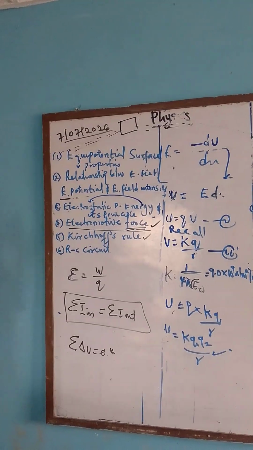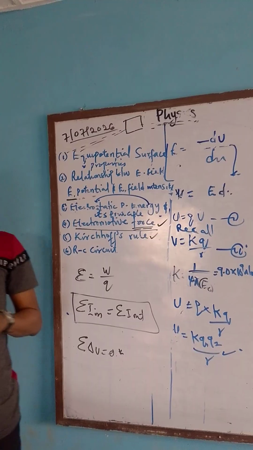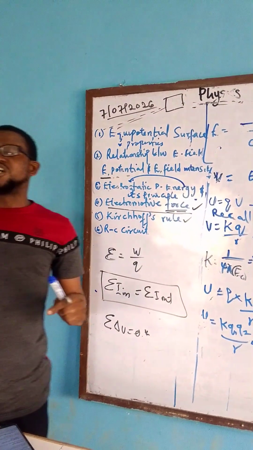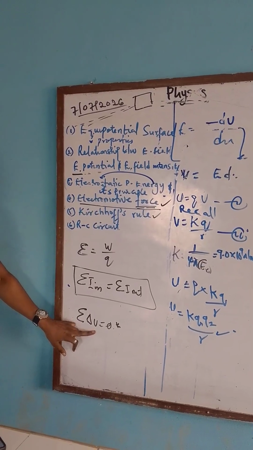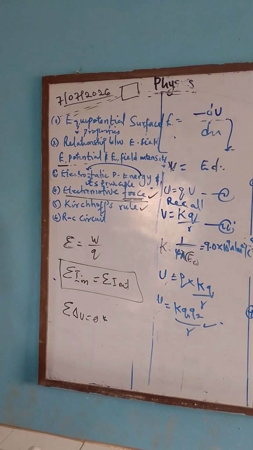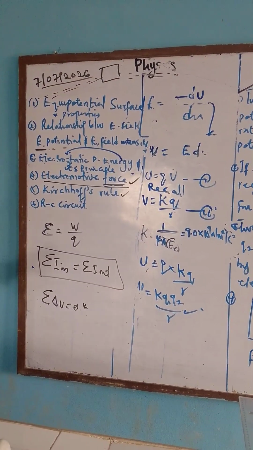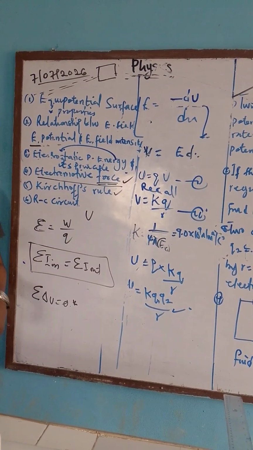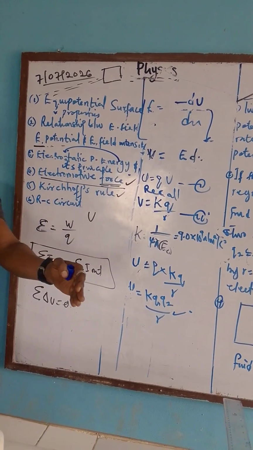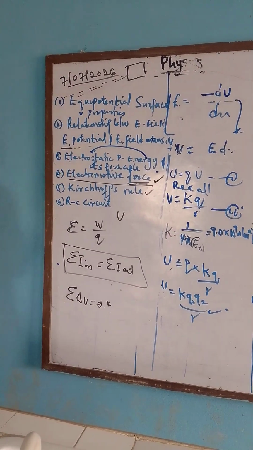I told you that when electric potential remains constant, it means the change in the electric potential must be equal to 0. That is what the Kirchhoff second law states. That the summation of the change in electric potential must be equal to 0. Why? Because potential itself is constant. When electric potential is constant, meaning there is no change in electric potential, that shows that the change in electric potential becomes 0.